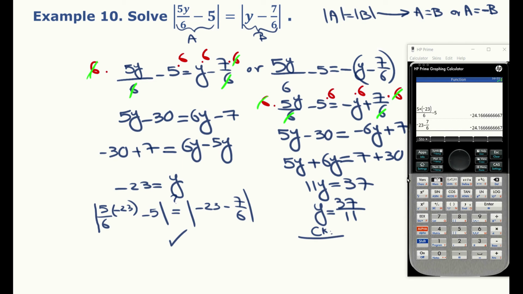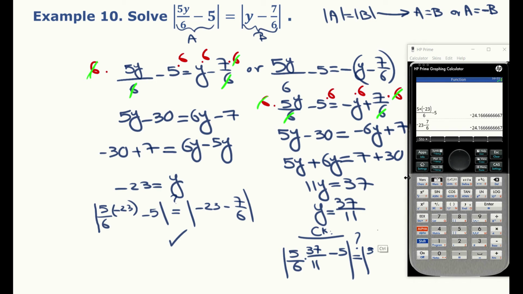So we want to know if the absolute value of 5/6 times y, which is 37 over 11, minus 5, is equal to the absolute value of 37 over 11 minus 7/6.